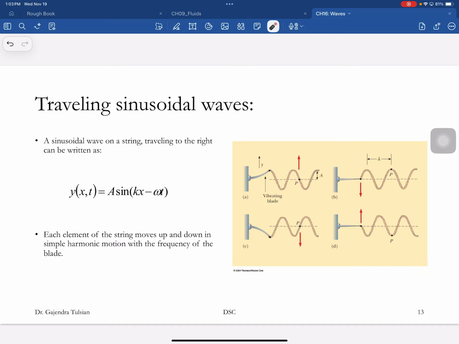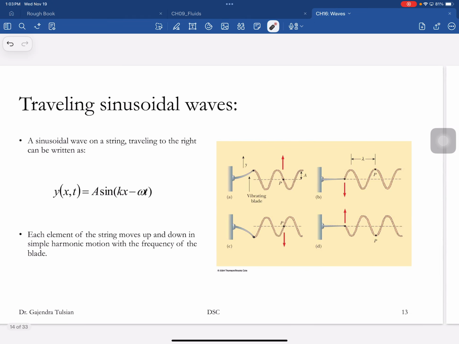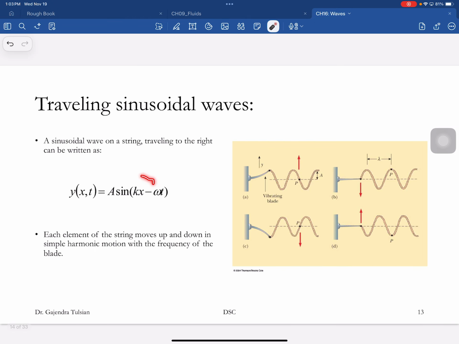Remember, last chapter you learned about simple harmonic motion, and now you're combining billions of simple harmonic motions. To get the wave velocity from here, you mark a point on the string and follow it.